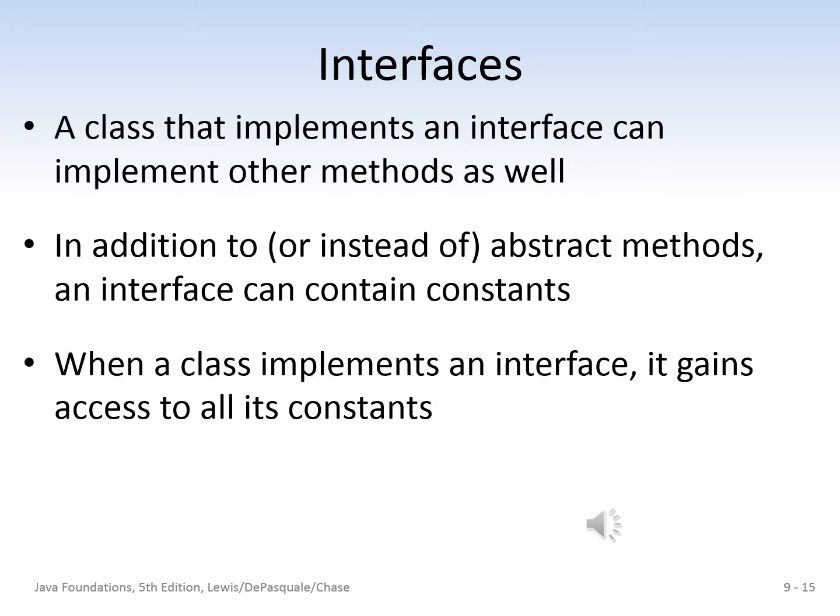In addition to implementing all of the abstract methods in the interface, a class that implements the interface can also implement other methods. And in addition to or instead of abstract methods, an interface can contain constants. When a class implements an interface, it gains access to all of the constants that were declared in the interface.